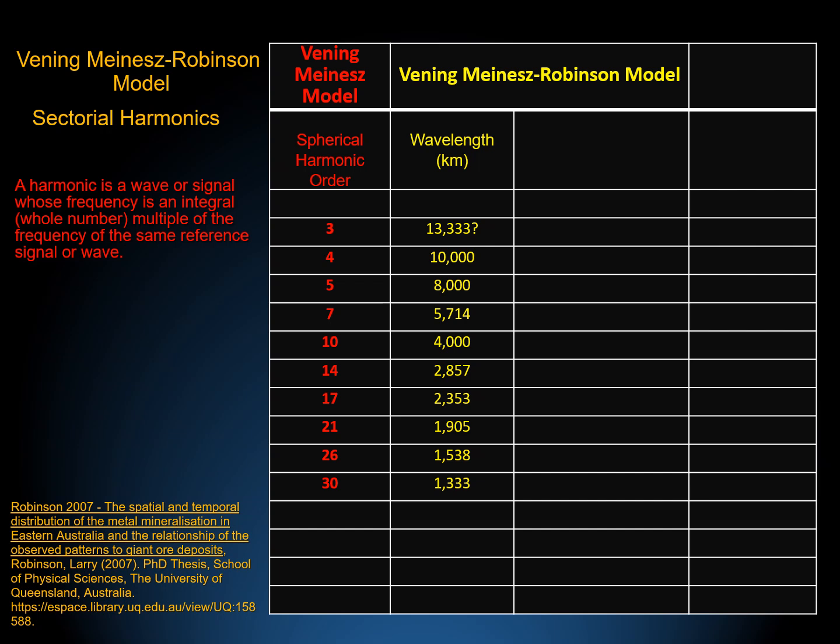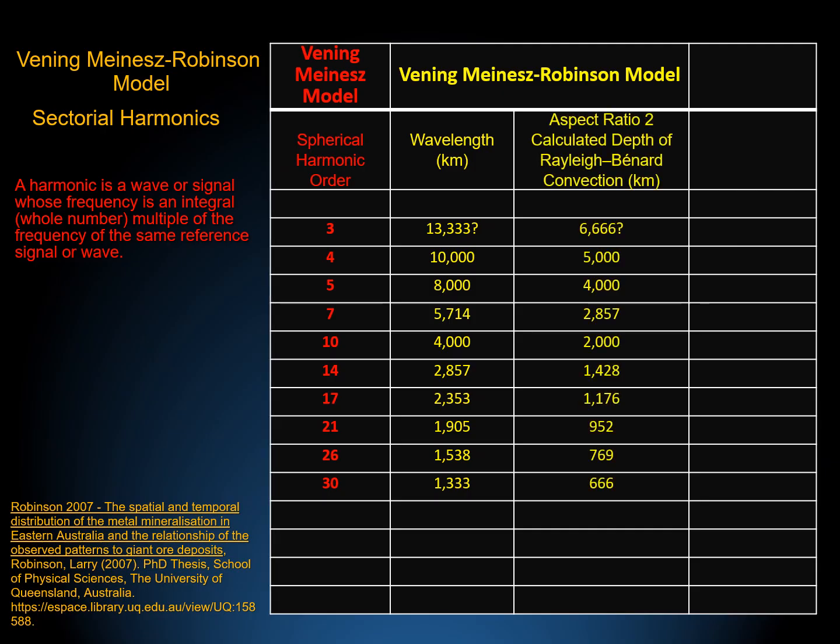For instance, at spherical harmonic order 10, the wavelength is 4,000 kilometers because the Earth is 40,000 kilometers in circumference. And as Vening Meinesz concluded, each wavelength represents the diameter of a Rayleigh-Benard convection cell.